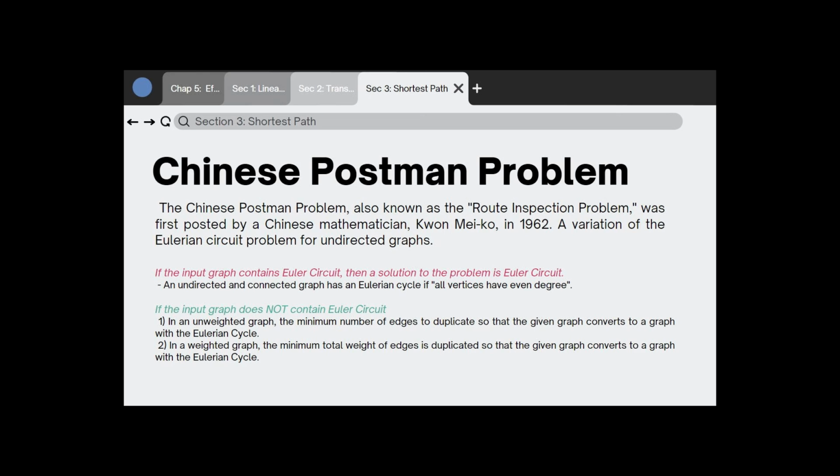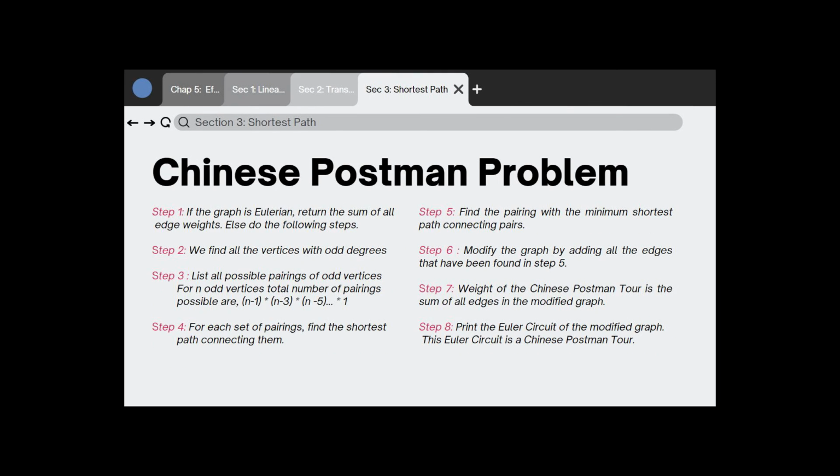Second, in a weighted graph, the minimal total weight of edges is duplicated so that the given graph converts to a graph with the Eulerian cycle. These are the steps of the algorithm to find the shortest closed path or optimal Chinese postman route in a weighted graph that may not be Eulerian.